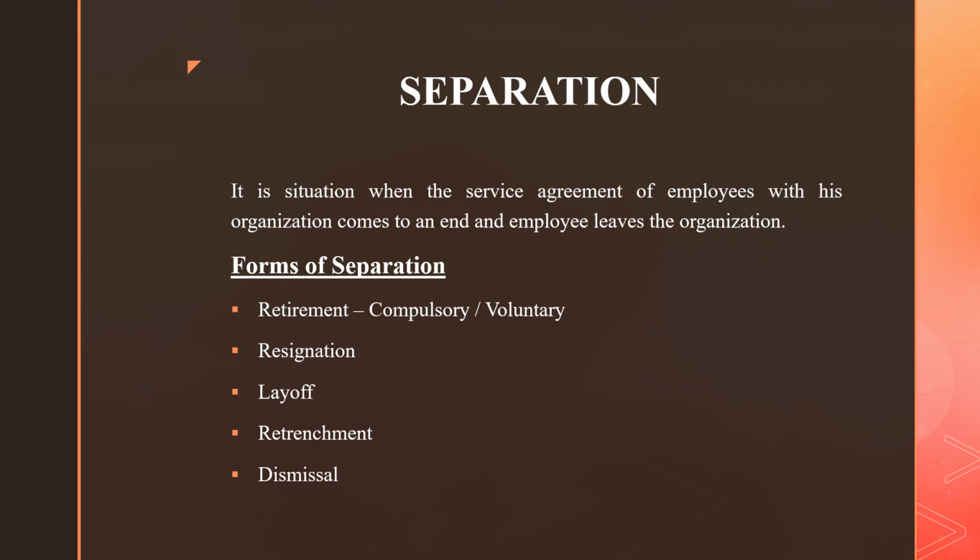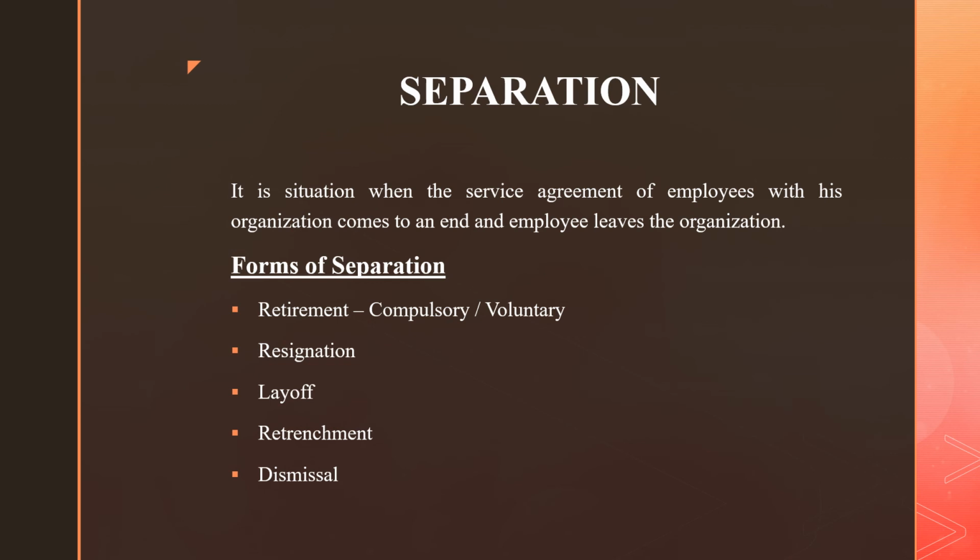Now, the second form of separation is resignation. Resignation is the termination of service by an employee by serving a notice. Say for example, an employee wants to resign, he doesn't want to continue his services in the organization.